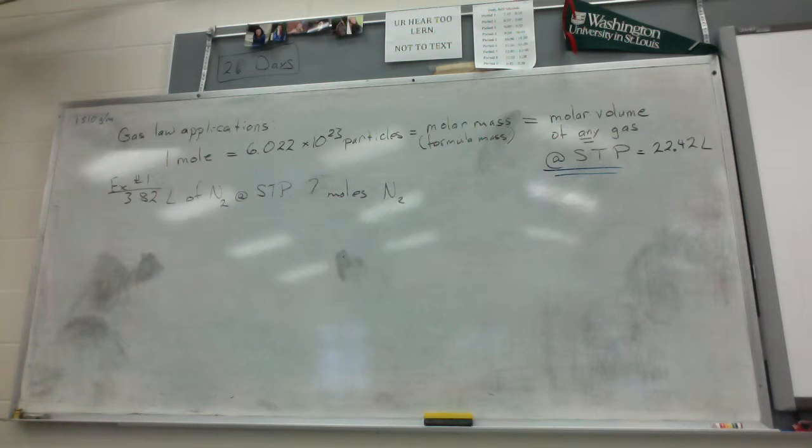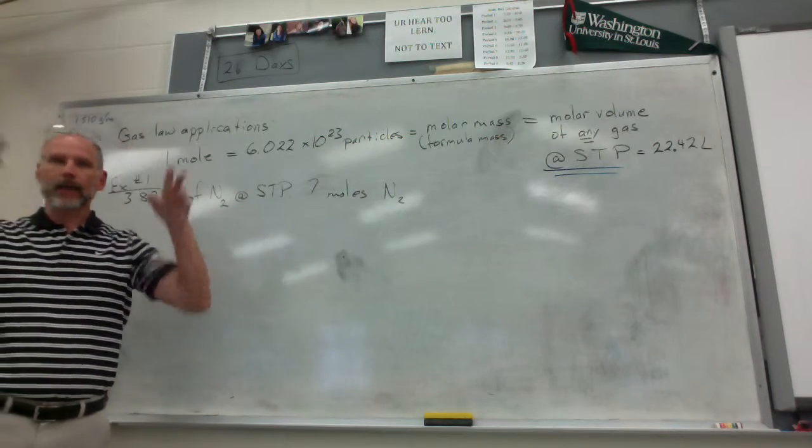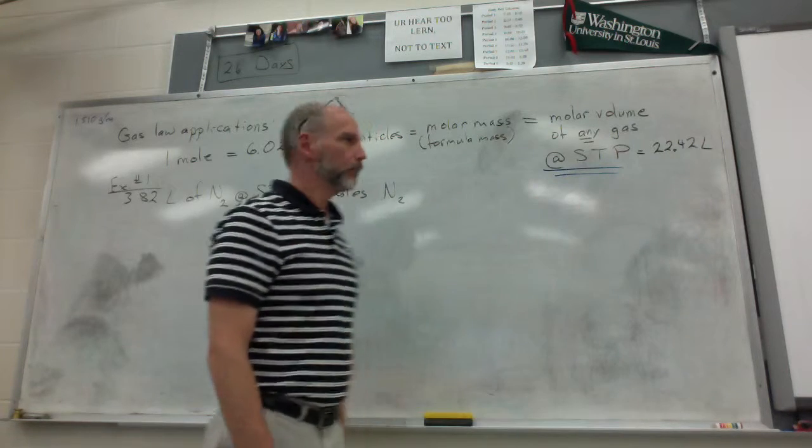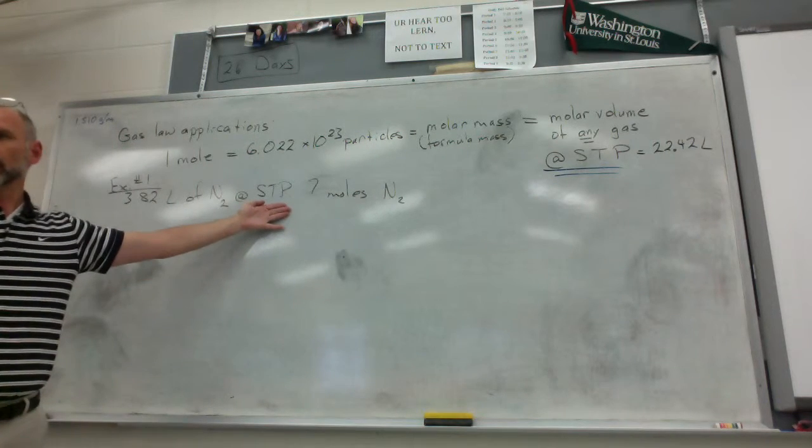Just like the phrase "collected over water" tells your brain to find the water vapor pressure and subtract it, as soon as you see this, your brain should be going, I should be able to use this relationship.